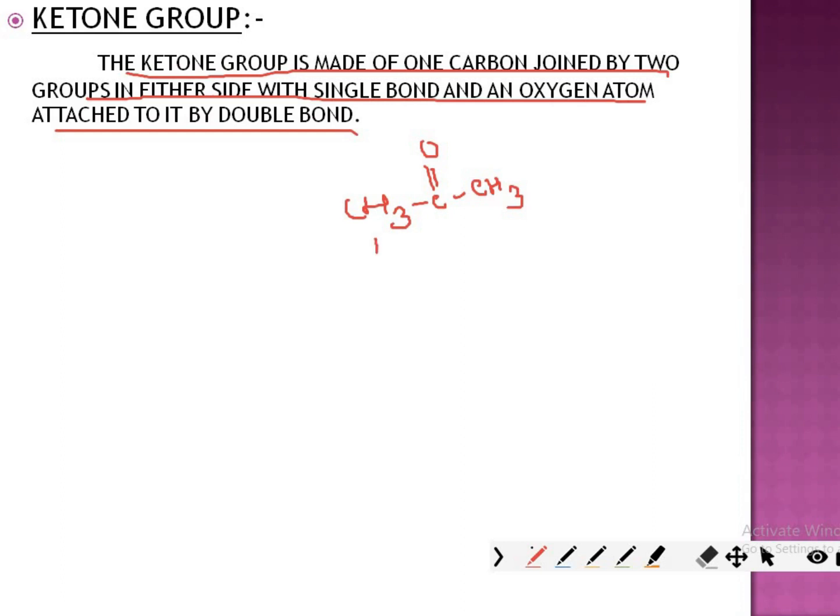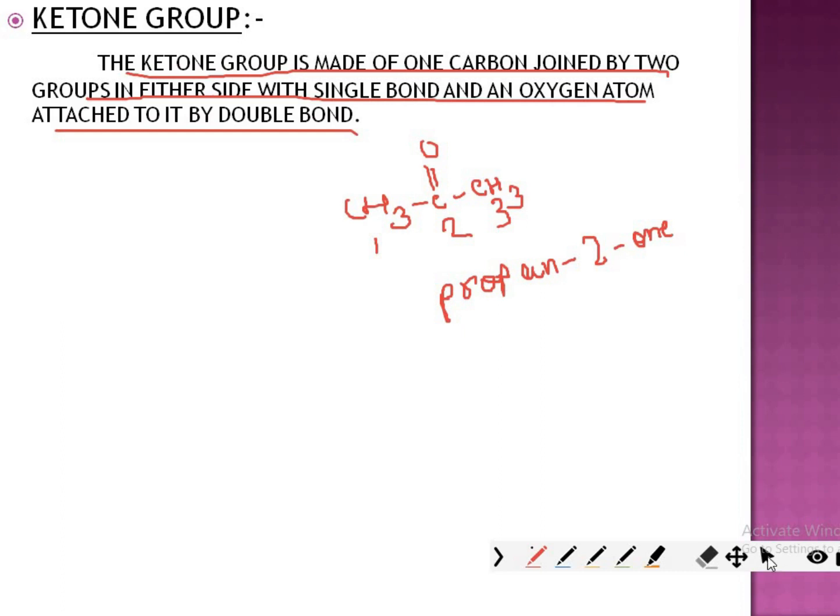Okay, now if I number 1, 2, 3, it is prop. Okay, prop, an, then we have 2 and then one, propan-2-one, also called propanone.